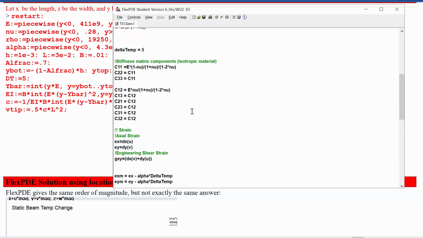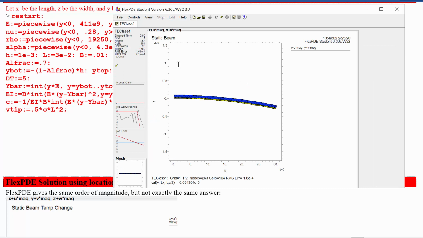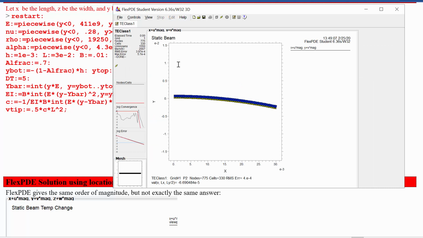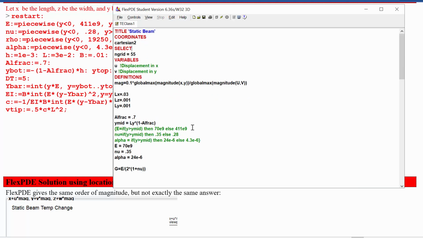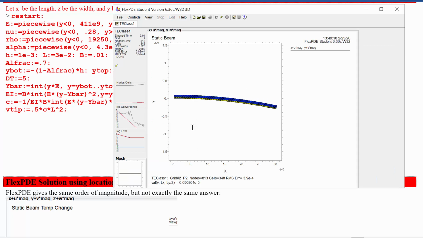Now we could increase the grid density and see if it matters. So let's try n-grid is 15. What about 25? How about 55? Can we do that? Yep. So 66.9, still not getting quite better. What about putting a lower error limit? Error limit is 1e-12.